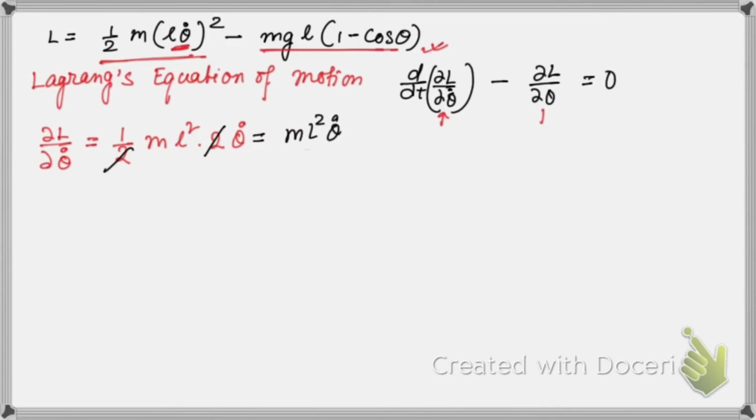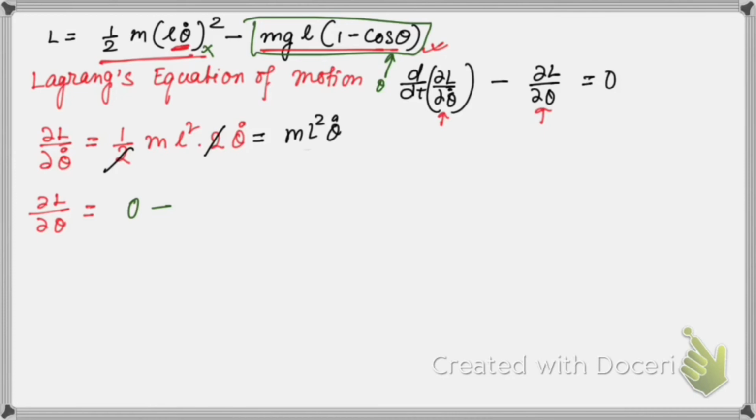Let's find del L by del theta now. Here the second term, mgL into 1 minus cos theta, is a function of theta, and the first term is not a function of theta, so its derivative with respect to theta will be 0.